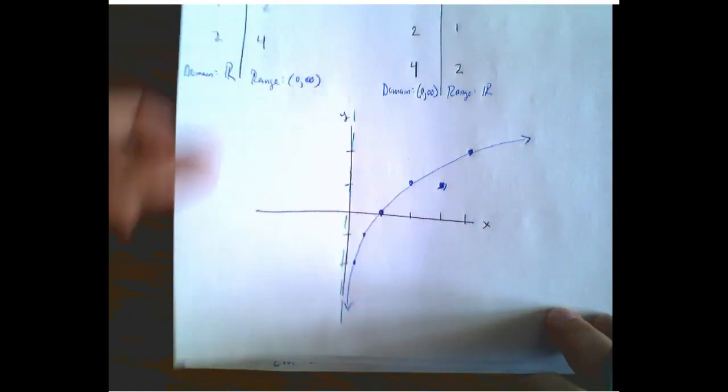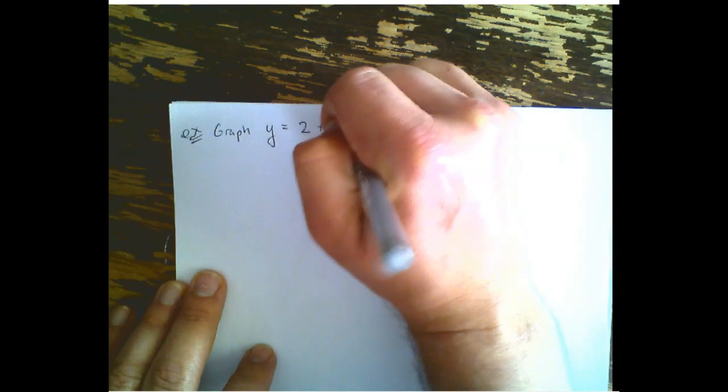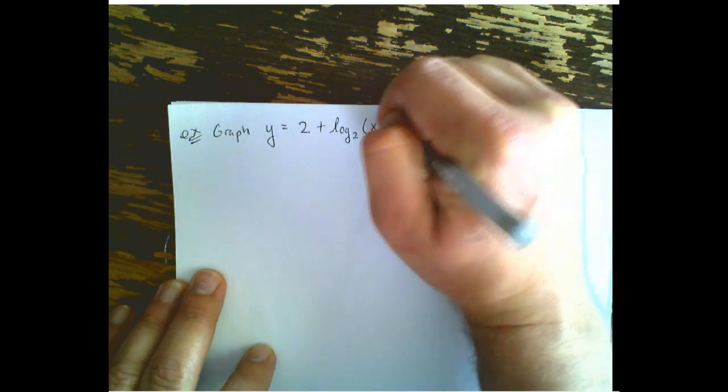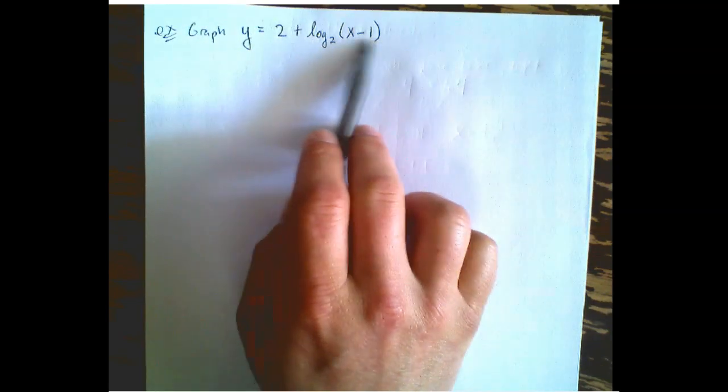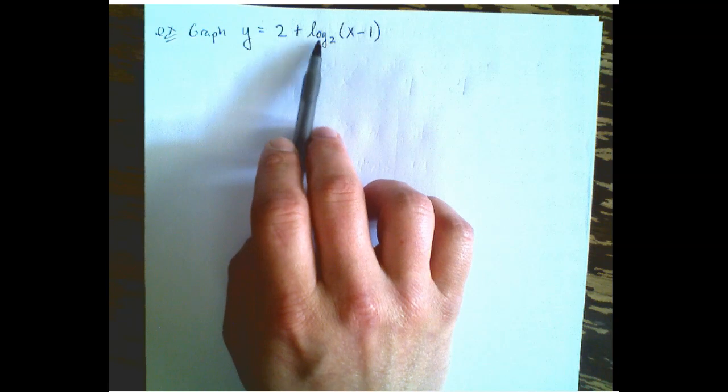All right, let's try a transformation. Let's graph y equals 2 plus log base 2 of x minus 1. Okay. All right, so here we're just going to do some transformations on our log base 2 function.